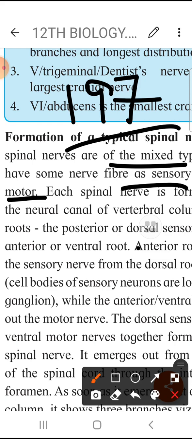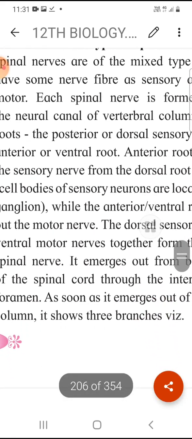And it is formed by joining of the ventral and dorsal sensory root. When the dorsal roots come together, it forms the ganglion. Okay, ganglion means a collection of neurons. Many neurons together form a ganglion. Then from where they come out, just underline this part, it emerges out.